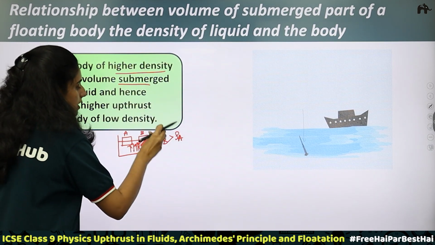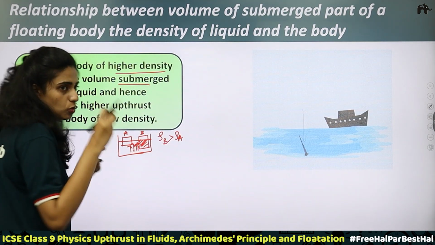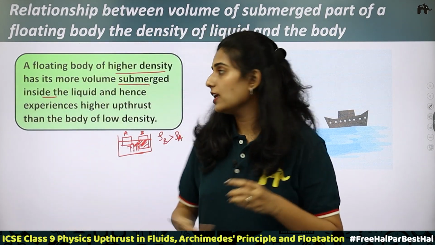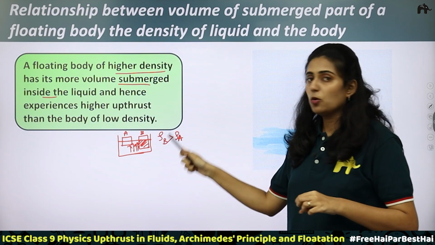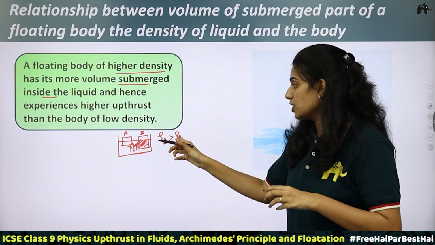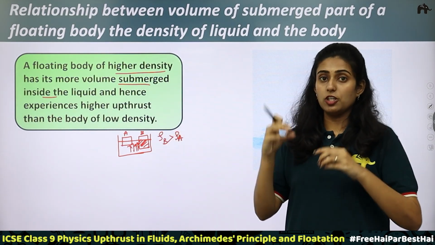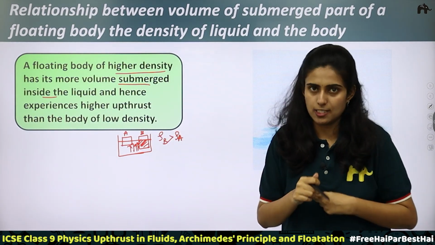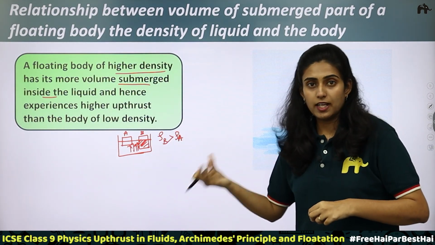When you consider two bodies that are floating, the body with greater density will be experiencing more upthrust and it will be submerged more, that is, more portion of the body will be submerged in the liquid. So the volume immersed inside the liquid will be greater, which means the volume of liquid displaced will be greater.